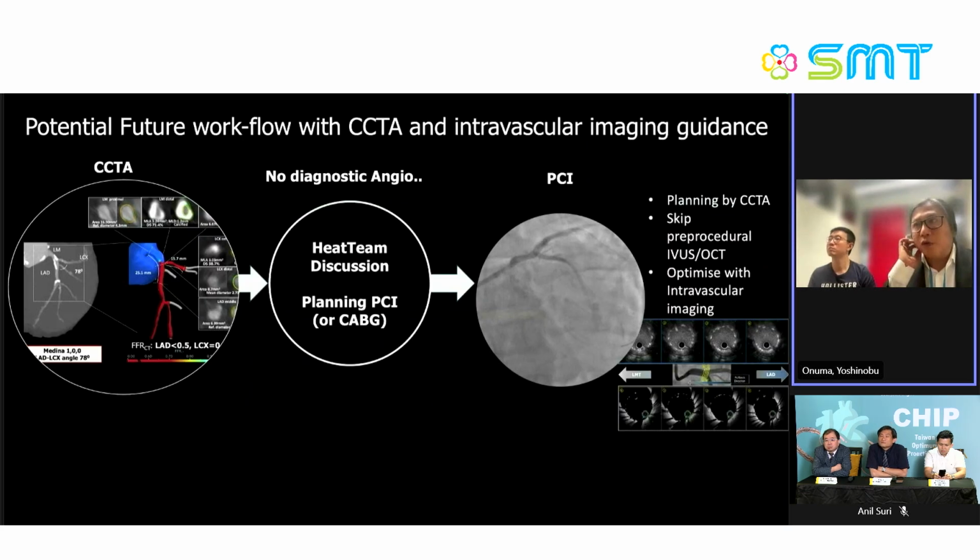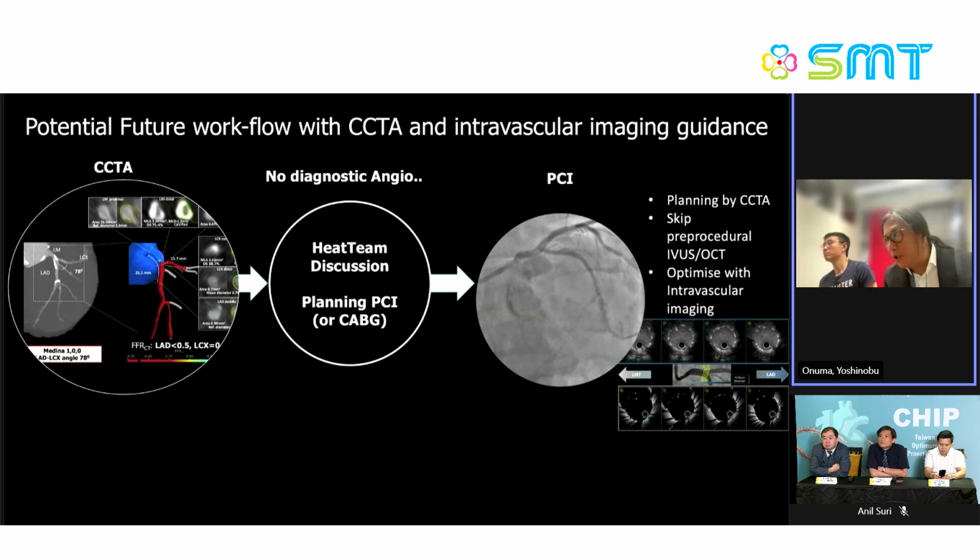So of course we need OCT or IVUS to detect something happening during the procedure. So the role of intravascular imaging stays there. But potentially we can use more information from the CCTA. We can do the Heart Team discussion, and also do the planning of the PCI.